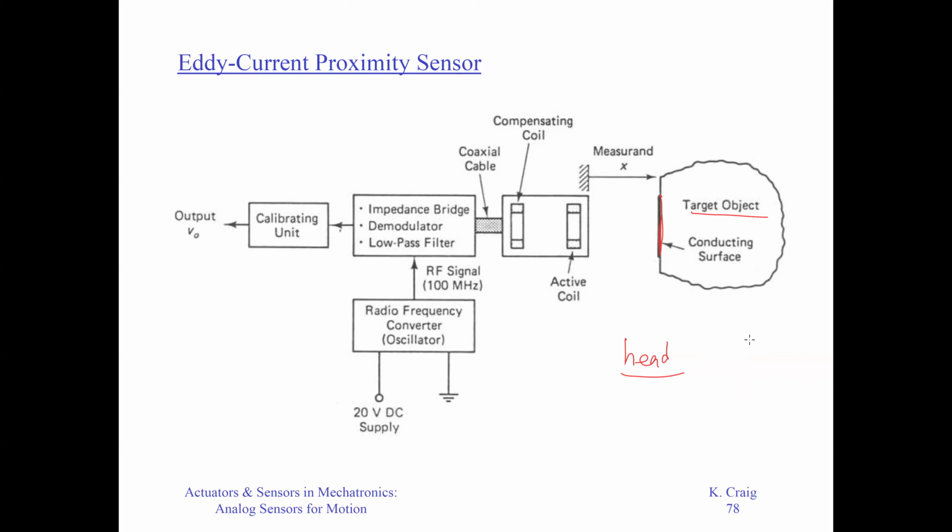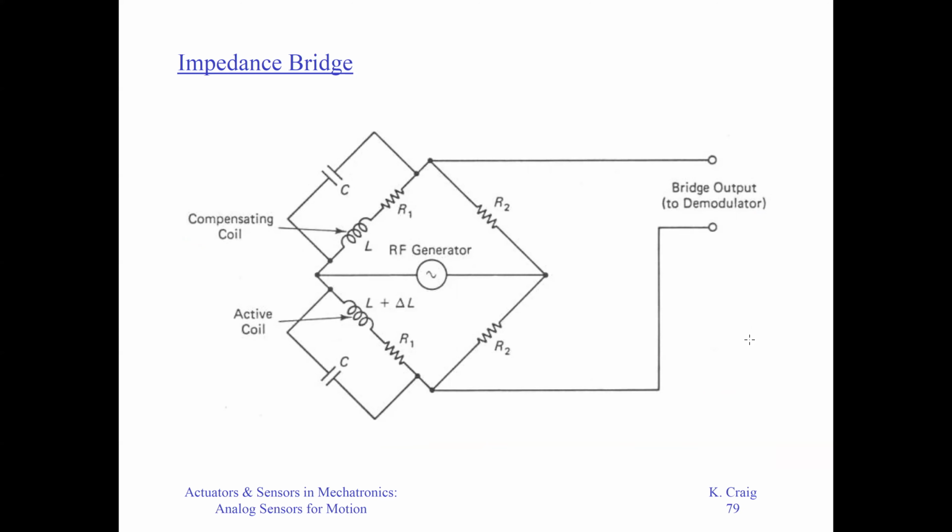Your power supply is DC, you convert to a sinusoid of 100 megahertz, very high frequency. Then you get a signal out for the impedance bridge, demodulator, low pass filter, and do calibration. You can output V. That is the eddy current principle, because once you move near this one, the main principle is due to the eddy current effect. So you use the bridge. You have seen this before.